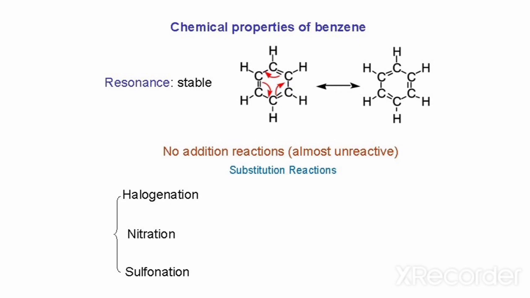But they give products in substitution reactions such as halogenation, nitration, and sulfonation.